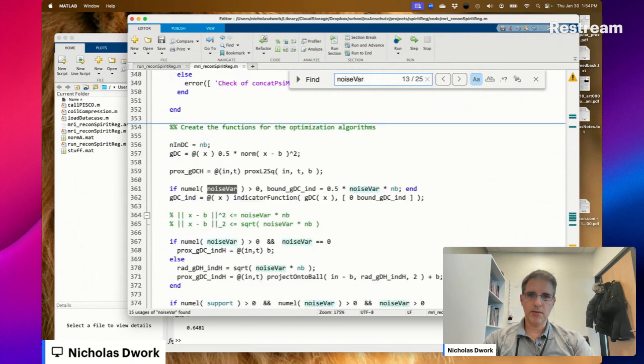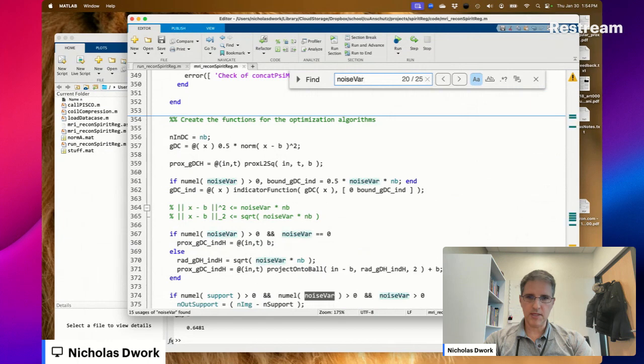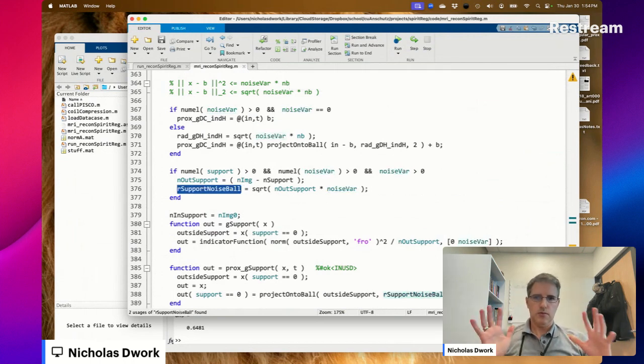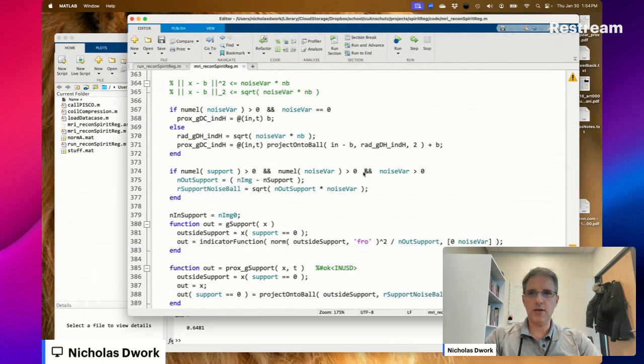If you supply support and you supply a noise variance, this is all the data consistency stuff that we've been messing with. We project outside of the support. So we need the noise variance that's still coming into this code. What about data consistency?